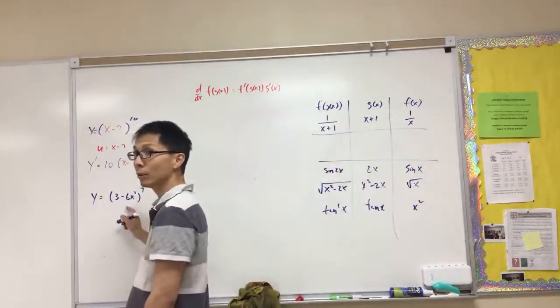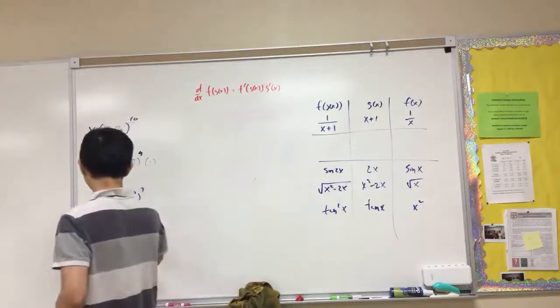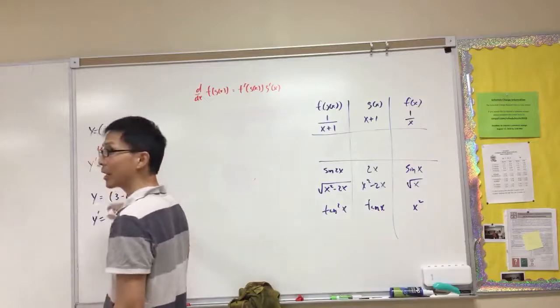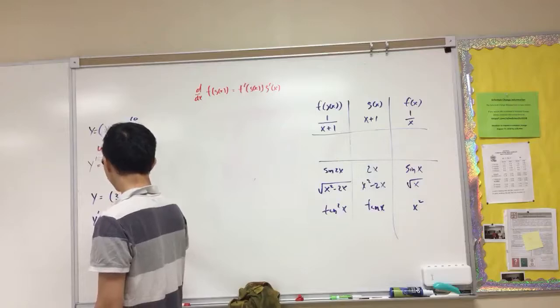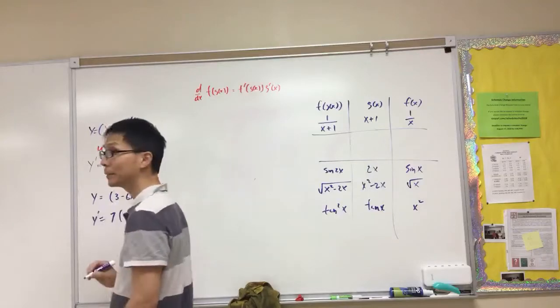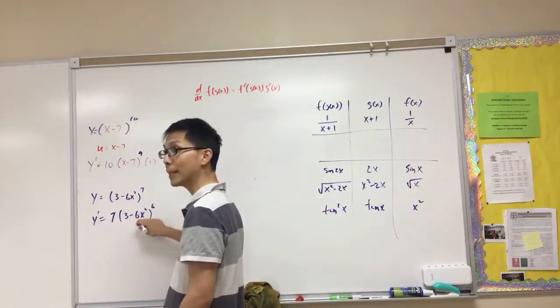Okay, so if I take the derivative of this, it's u to the 7th power, right? So y prime: let's take the derivative of u to the 7th power first. It'll be 7u to the 6th power. Now I need the derivative of the inside.